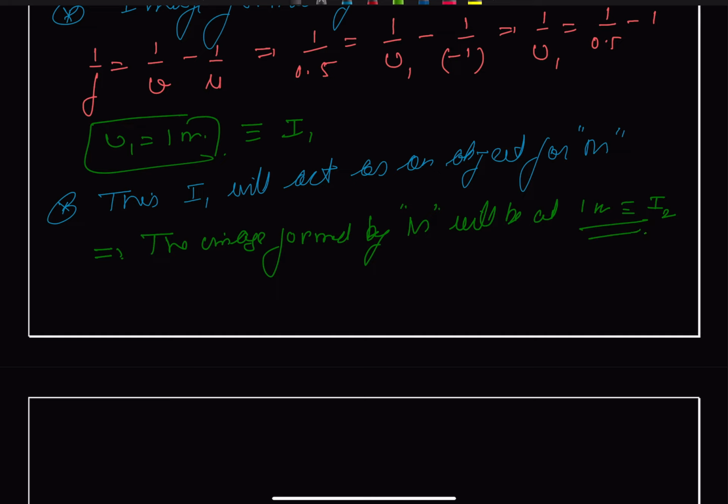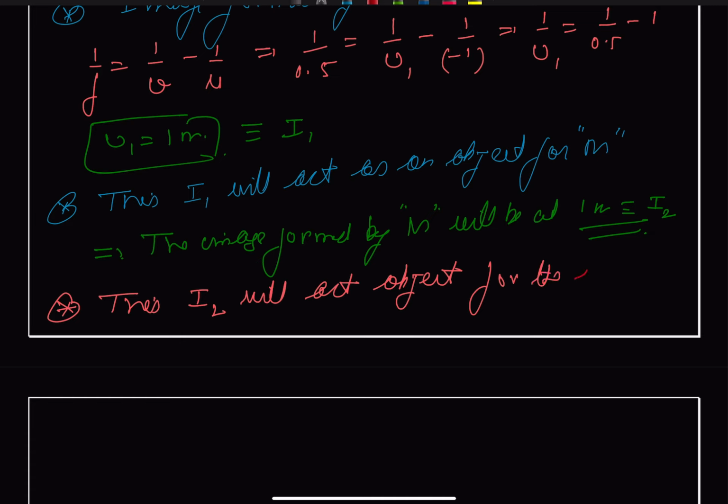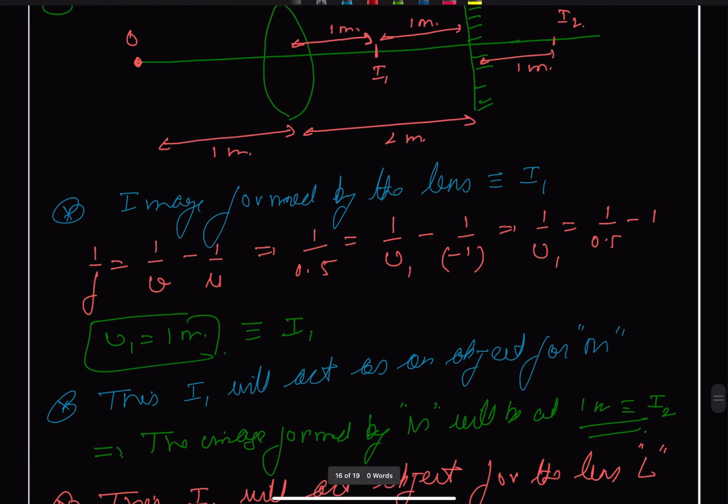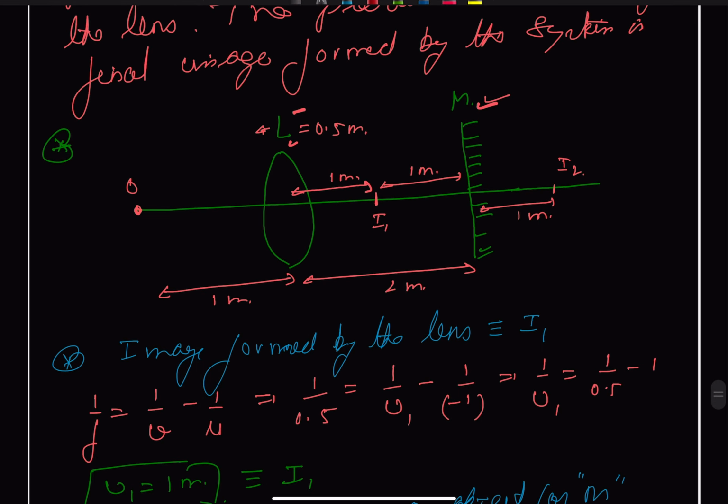Now this I2 will be acting as an object for the lens. You can see this I2 will act as an object for the lens L, and the total distance of this I2 from the lens will be equal to 3 meters.